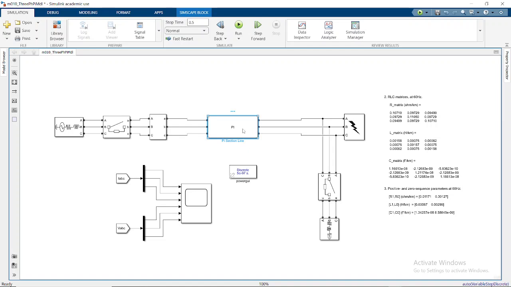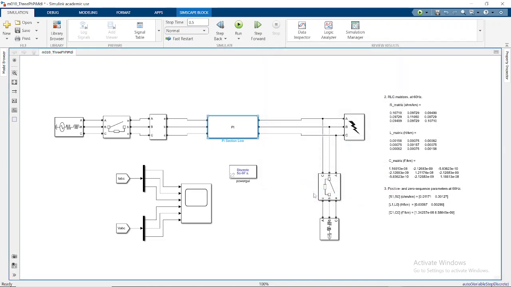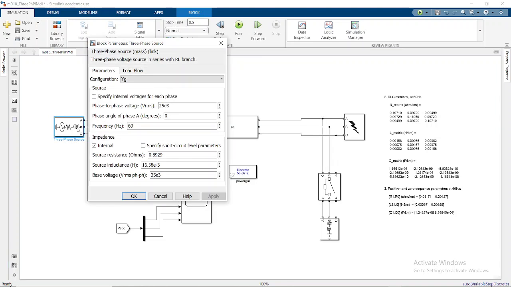Details about this I will share with you afterward, but for now just consider it is a three-phase line and its length is 50 kilometers. And this is our source. The source is of 50 kV phase to phase voltage, that is line voltage, and 60 hertz.